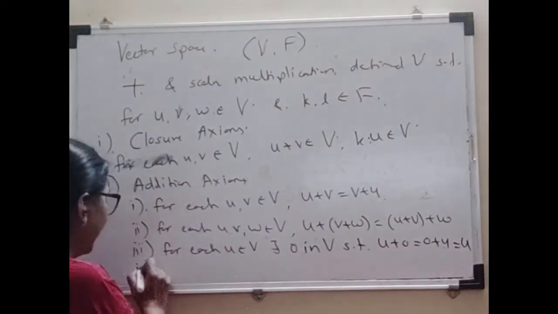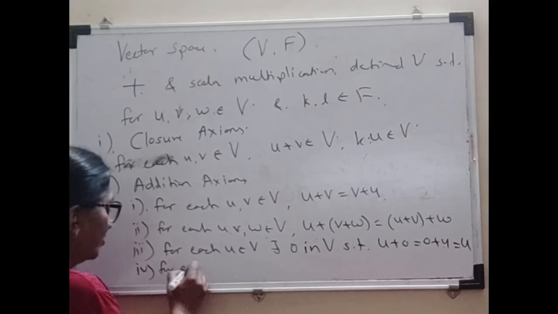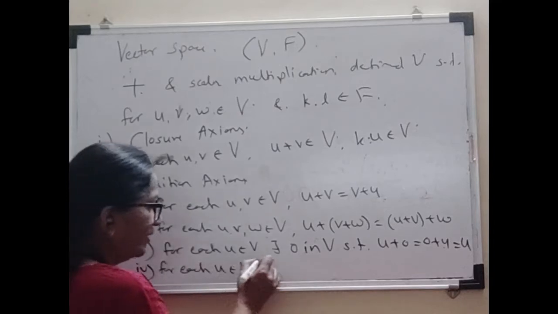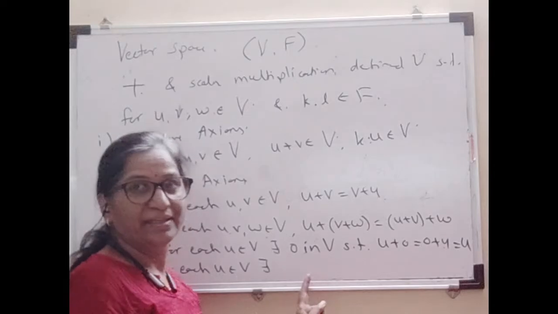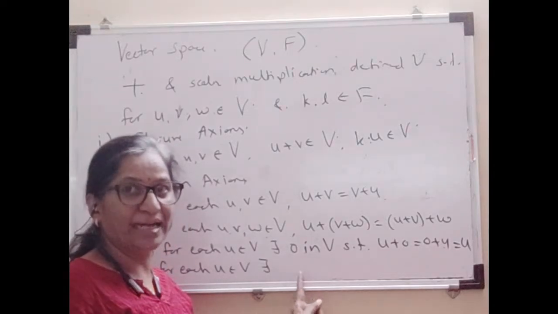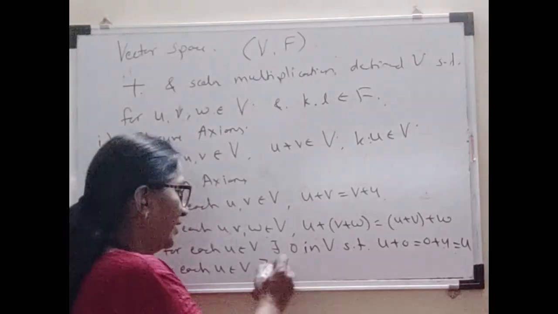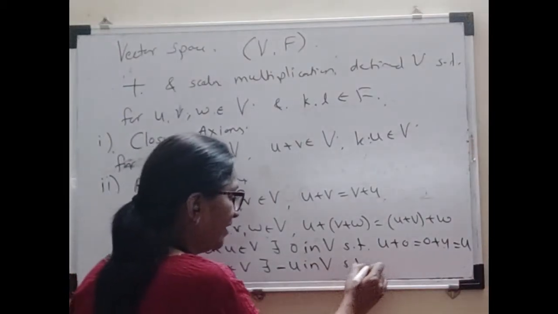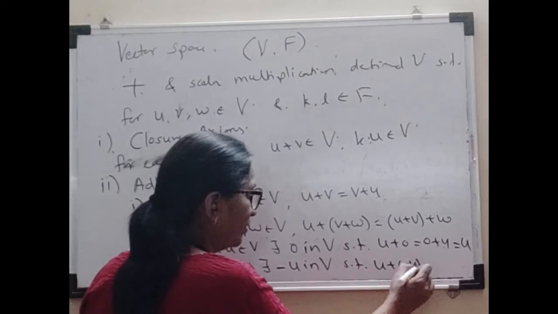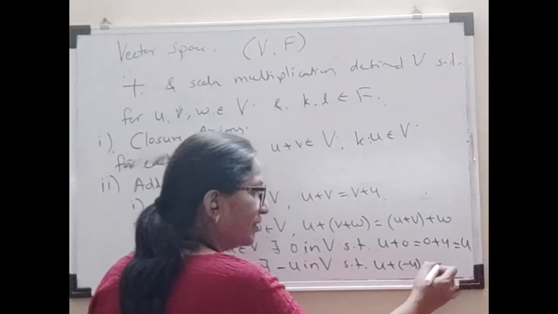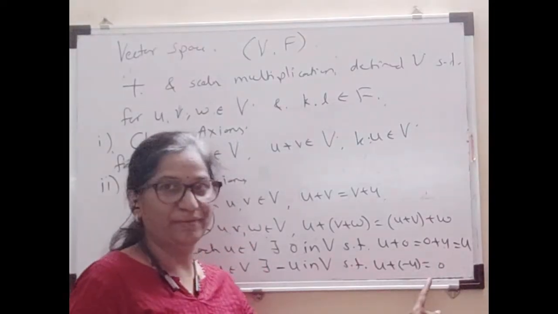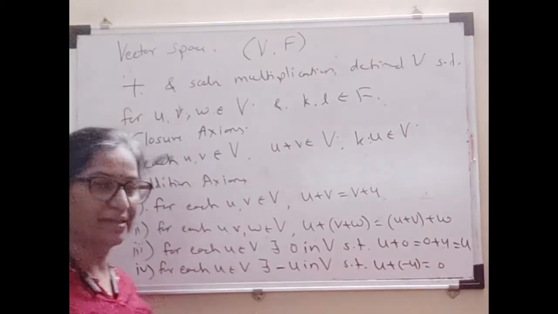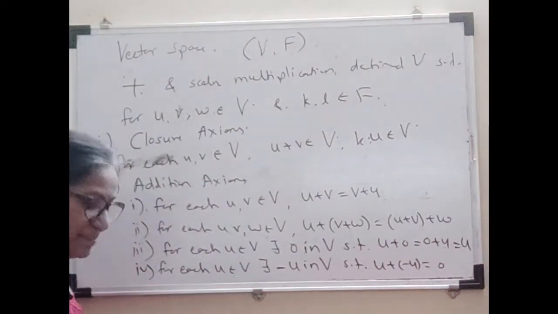Then the next one: for each u belongs to V, there should exist the negative of a vector, or additive inverse. There exists minus u in V such that u plus minus u is equal to the 0 vector. These are the addition axioms.